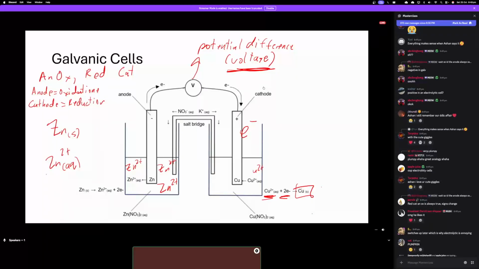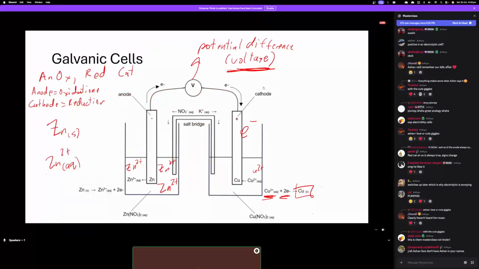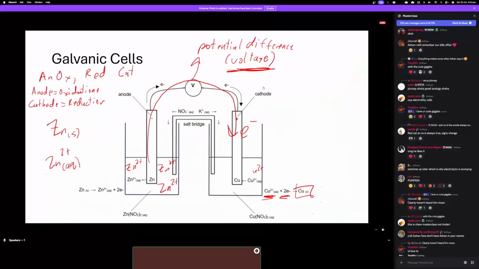So the short version, to quickly summarize this again, zinc is more reactive than copper. Zinc wants to give its electrons to copper. That's just it, right? The zinc will give away its electrons, and it will give them through this wire. It can't do it directly anymore like it could here, it can't just send it directly from one to one. But it can send it through the wire and into the solution, right?